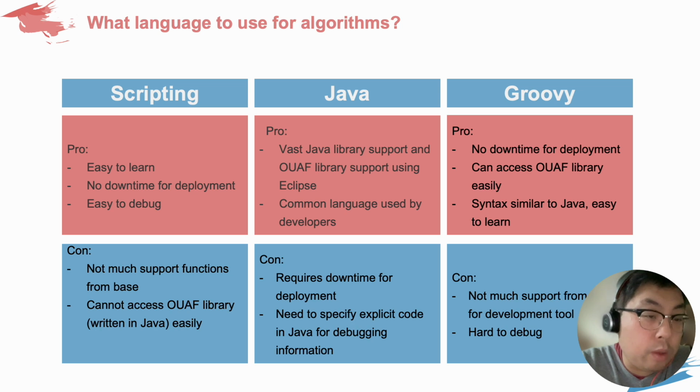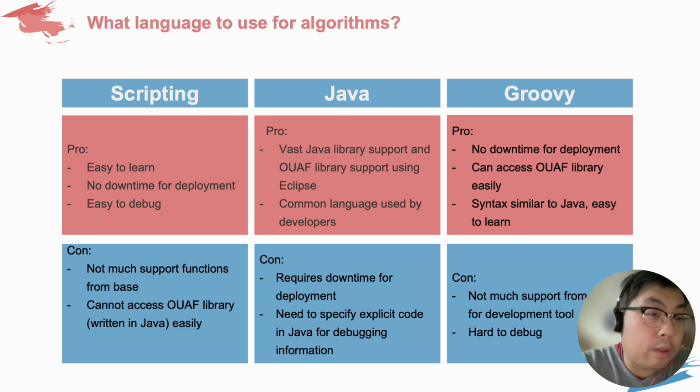Sometimes you do need to write those functions yourself for the project to reuse. So if you are talking about a very big project, maybe that's fine because you can manage this within the team.